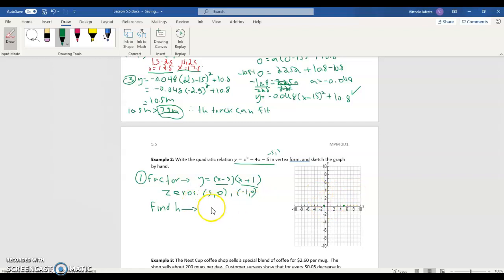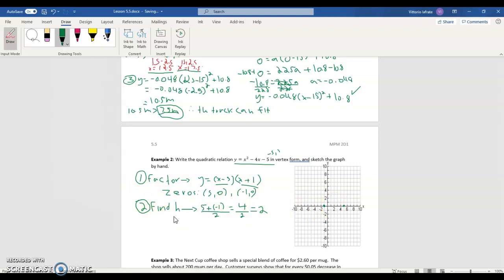To find my h, I'm just going to add my two zeros together. So 5 plus negative 1, this is the formula on the first page that we saw, divided by 2 to find the in-between. That's going to be 4 over 2, which is 2. So right now I just found my h value. That means that my vertex is where the 2 is.